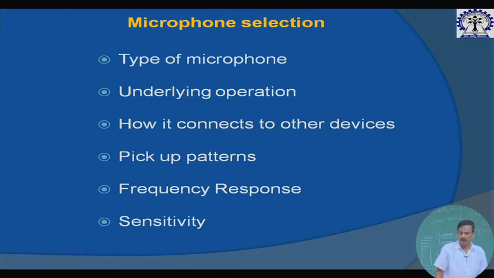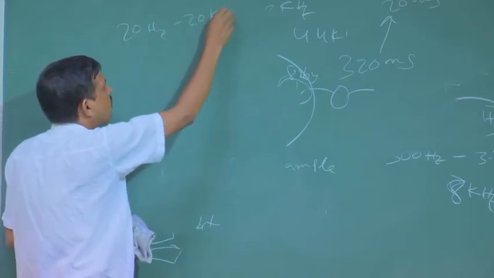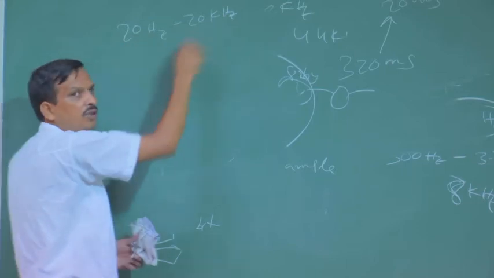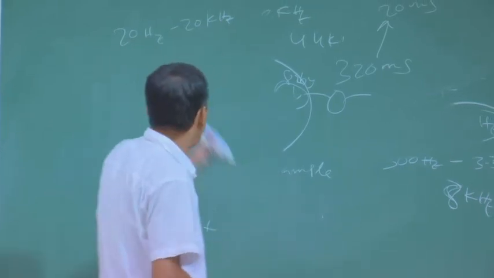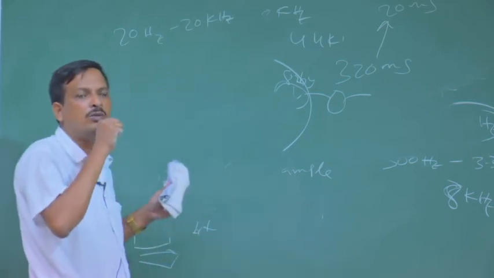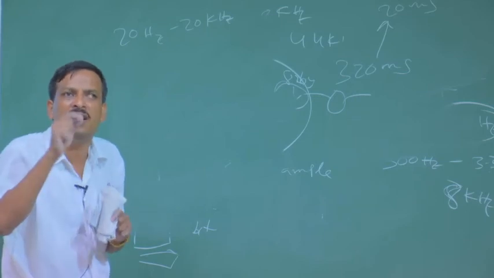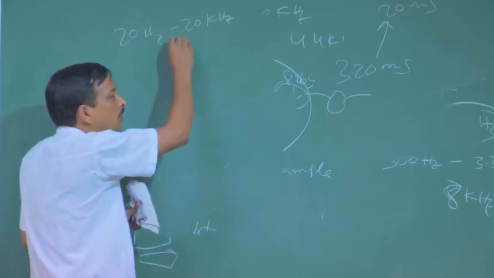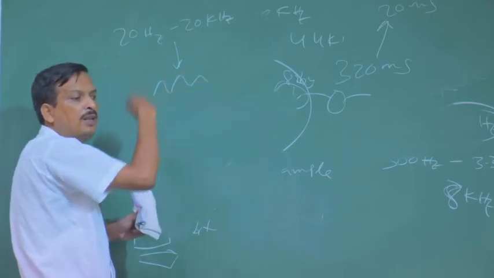But once a human being produces speech, its range is 20 hertz to 20 kilohertz. The acoustic wave contains 20 hertz to 20 kilohertz sound. Once I put the microphone in front of the mouth, the microphone has a limitation. A microphone has its own property: it has to convert this acoustic wave to an electrical signal. So, the microphone may have a limitation.